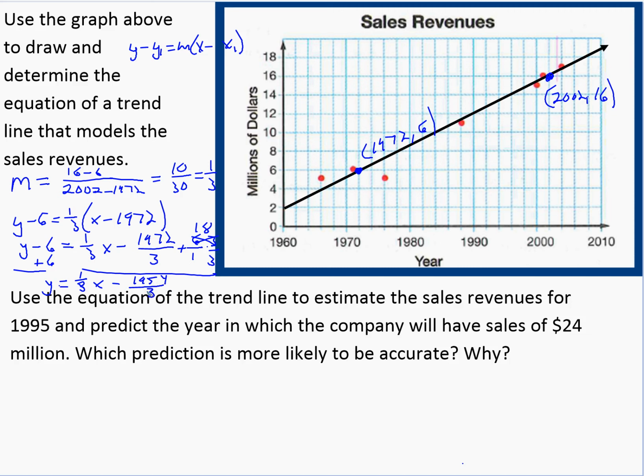And if we figure that out, we get y equals 1/3 x minus 651 1/3, or 651.3 continuing, you could write it. I know I squeezed that in there, but there's the trend line. It says use the equation of the trend line to estimate the sales revenues for 1995.